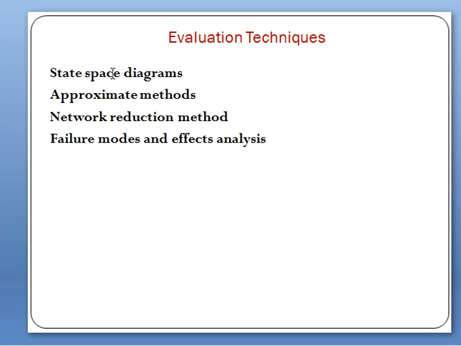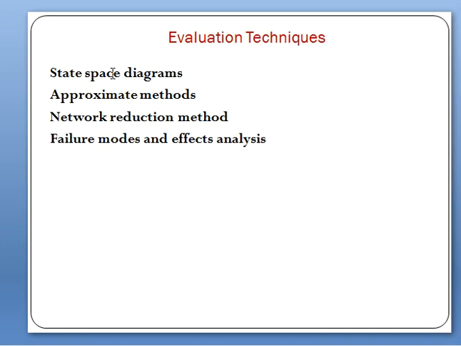Secondly, it is frequently used as a means of reducing approximate evaluation techniques. Thirdly, it is extremely useful as a standard evaluation method against which the accuracy of approximation methods can be compared.